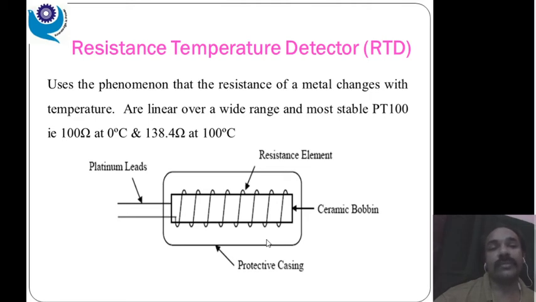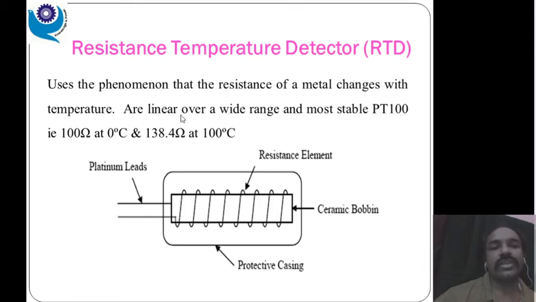It has a wide variety of advantages. It can be constructed with the help of nickel, copper, platinum, or an alloy of different metals, right? The principle we have already discussed: it uses the phenomenon that the resistance of metal changes with temperature, that's it, right?